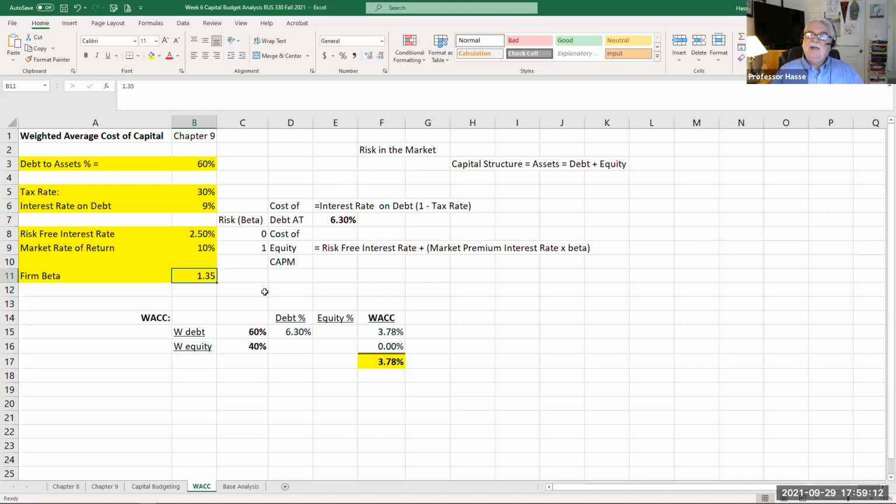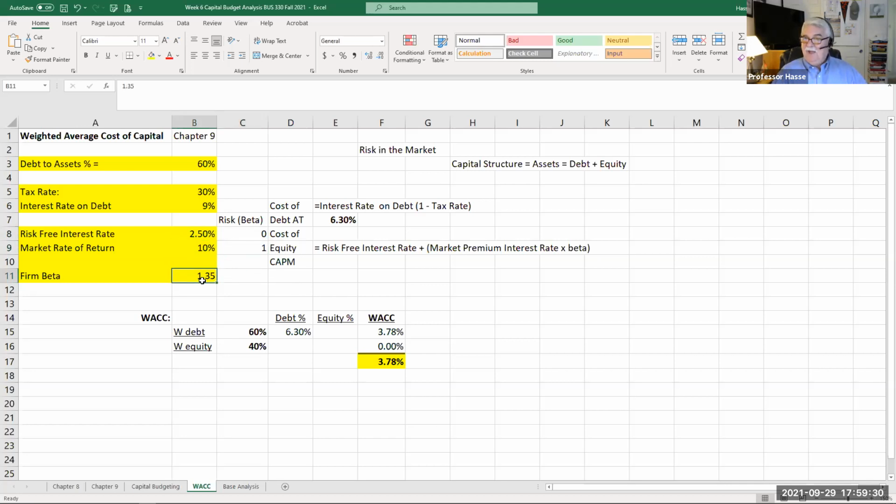So if Latoya decides to buy stock in this company here, what is going to be her expectations for return? At zero risk, it's 2.5%. At average risk, it's 10%.